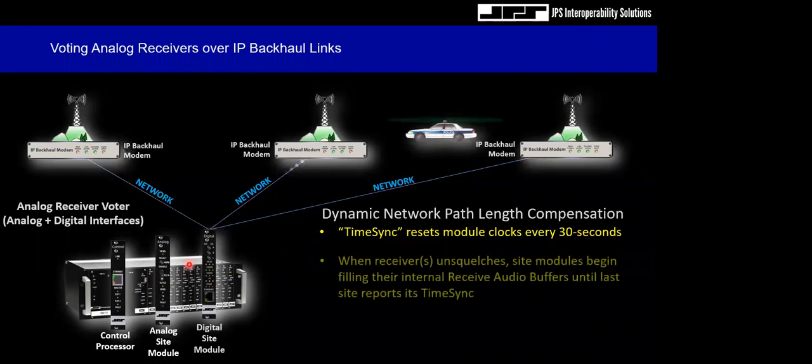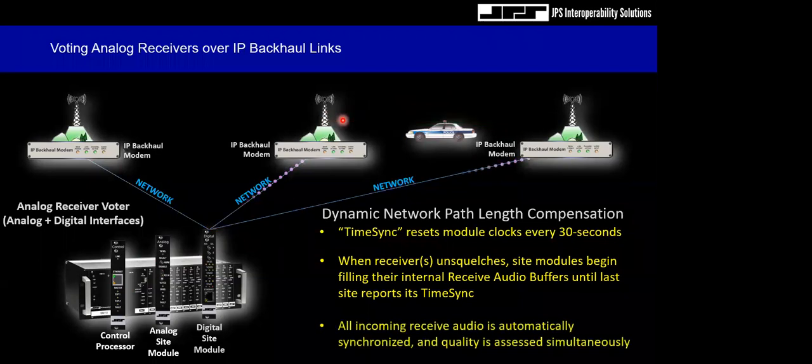And when an event occurs, such as a fully quieting of multiple receivers or partially quieting of receivers, the process begins. We capture spectral noise, we turn that into data, place that into the ROIP packet, and we deliver that information back to the head-end voter. Every packet is time-stamped. The control processor module knows that.